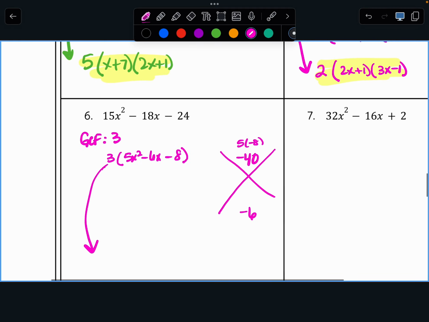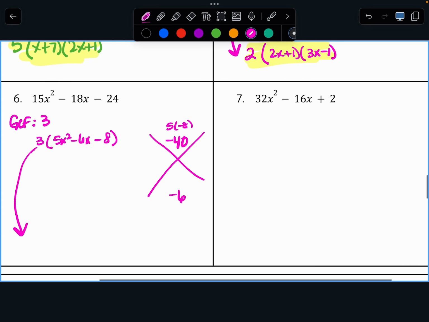And as we do the next one, same thing. The GCF here, it's not super big, but I still want to do it. My GCF is 2. So that gives me 2 times 16x squared minus 8x plus 1.